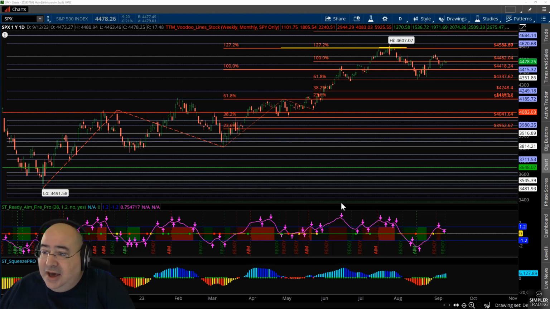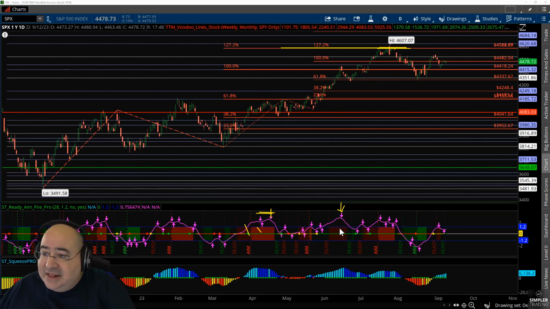So even though I had a nice arrow here, right, albeit without a Ready.Aim.Fire, I had ready and aim and arrows back here, but not necessarily a cluster of resistance. Here, I had a setup. I had a reason to think we might turn, right?